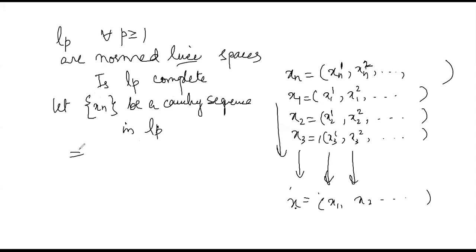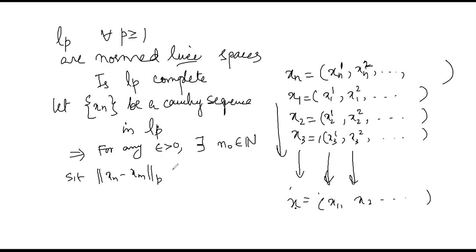So it implies that for any epsilon positive, there exists a natural number n naught such that norm of x_n minus x_m, p-th norm हम इसको कहते हैं क्योंकि इसका p के साथ कुछ कनेक्शन है, would be less than epsilon for all n, m bigger than n naught. ठीक है?